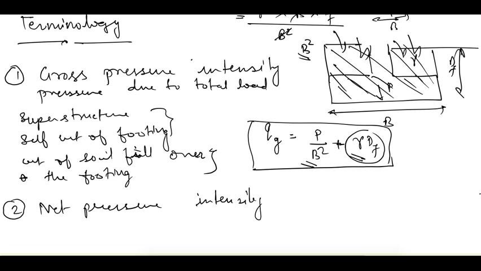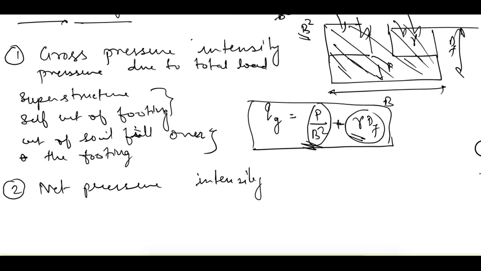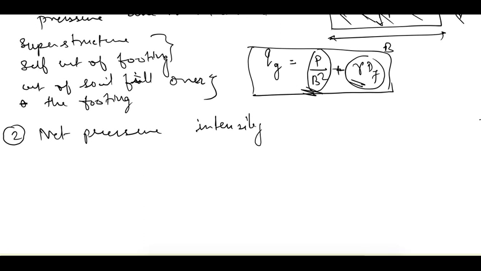Whatever deformation is going to occur will be due to the excess load, the load that was not there before, which is this part. So that is our net pressure intensity. It is equal to the gross pressure intensity minus gamma Df, which is the overburden pressure. It is also called overburden pressure.